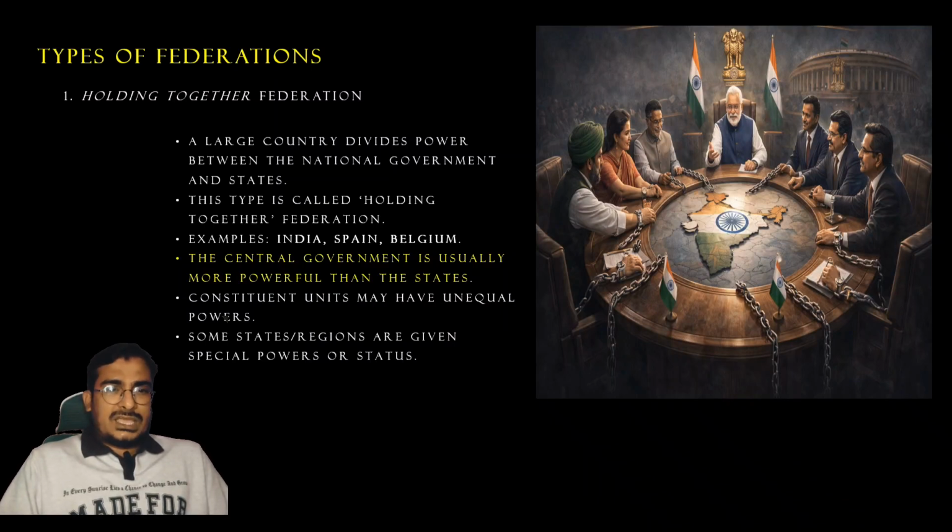So countries like India, countries like, let's say, Spain, Belgium, these are all holding together type of federations. And here constituent units may have unequal powers, and some states or regions are also given special provisions. And this is the first type of federation, which we call holding together federation.